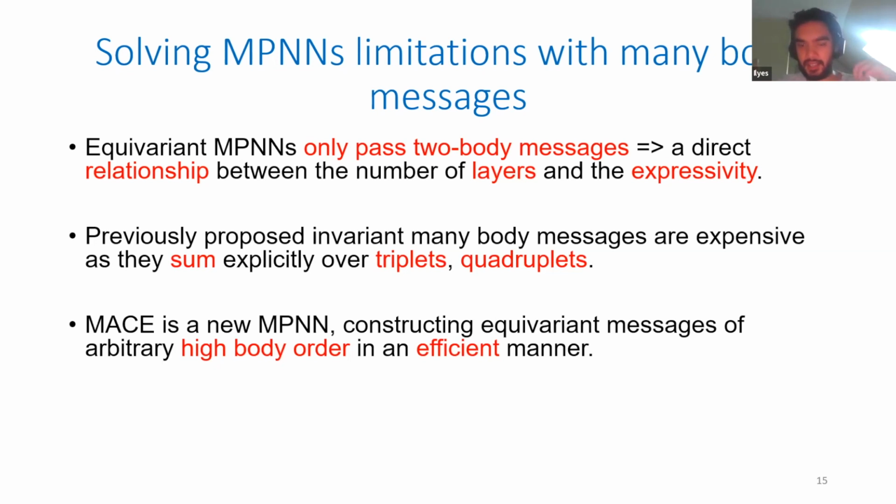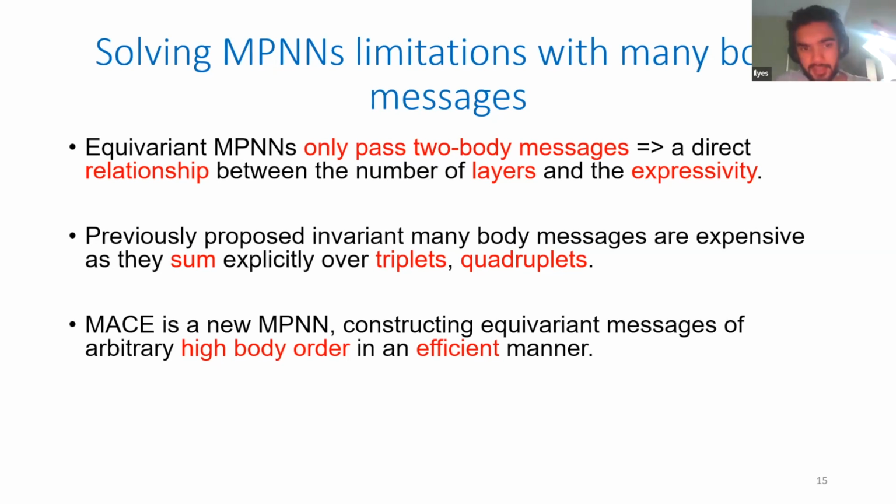And the only way for 2-body message passing networks to increase this kind of expressivity, meaning how well they can approximate functions of high correlation, is just to stack layers. And this is why there is a relationship between the number of layers and expressivity, because the only way to increase the correlation order of the total representation the network is constructing is by stacking layers. And so you have a direct relationship this way.